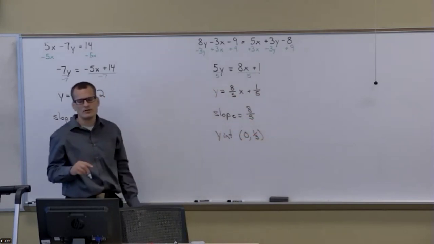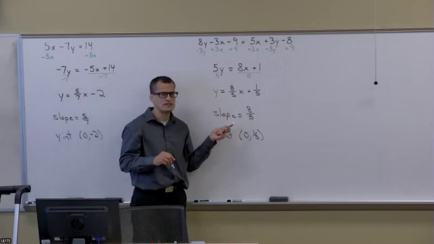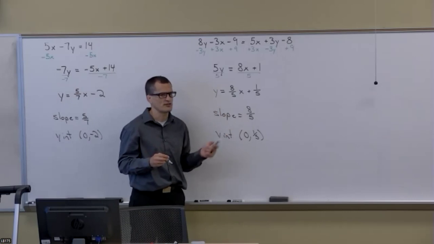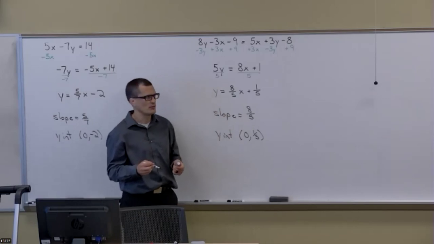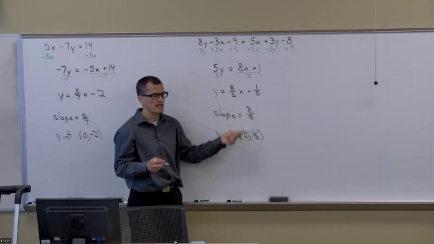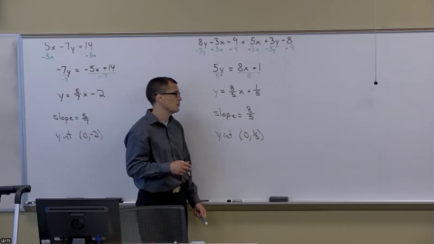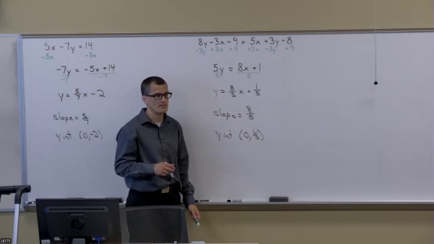By the way, Moodle may ask you to write your slope as a fraction. It also may ask you to write your slope rounded to 2 decimal places as a decimal. So if it asks you for the improper fraction, it's looking for 8/5. If it's asking you for a decimal, what would that be? 1.6.